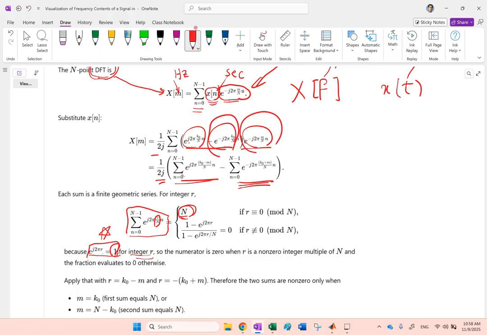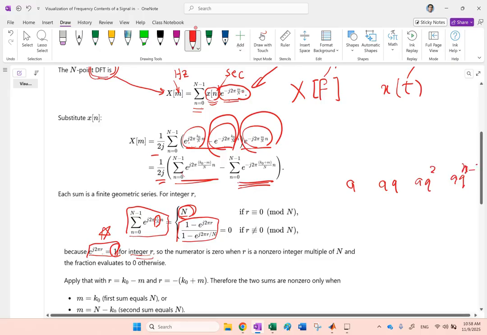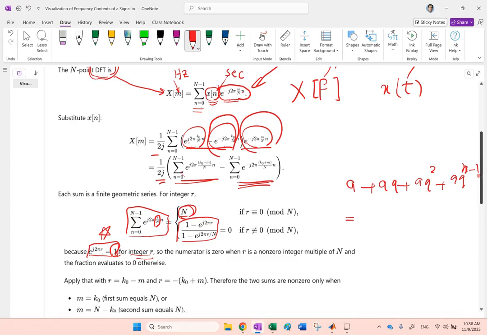this is going to be a geometric series, and you know the sum of the terms in a geometric series comes from this. So if you have terms like a, aq, all the way to aq to the n minus 1, and you add all of this together, this is equal to a times q^n minus 1 divided by q minus 1.